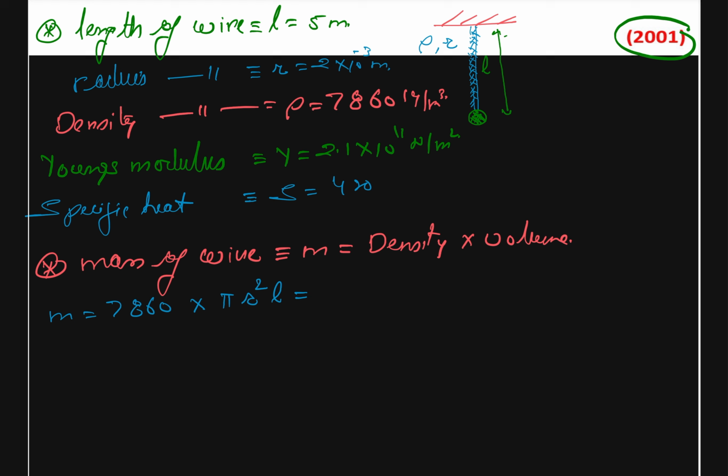So from here we get this as 7860 pi, and radius is 2 into 10 to the power minus 3 whole square, and length is given to us as 5 meter. So from here we get our mass is equal to 0.494 kg.